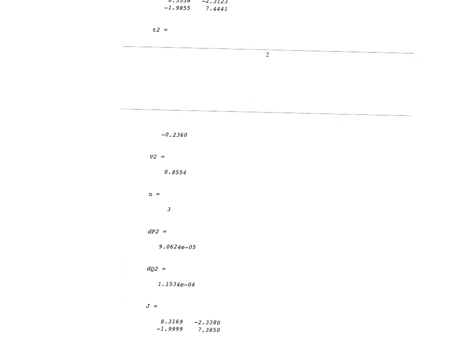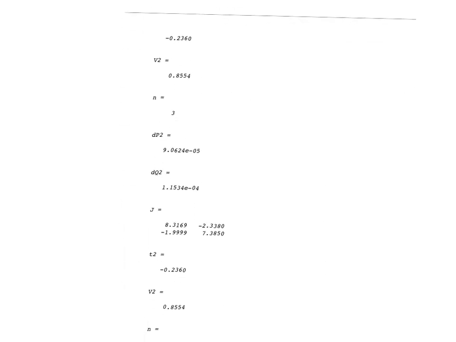Just finished my first iteration, now moving on to the second one. Here's dpt2 and dq2. I updated my values. I continue on. Now I have a new value, which is getting closer and closer. Again, that matches. Now I got that really small value, dp2 and dq close to 0.